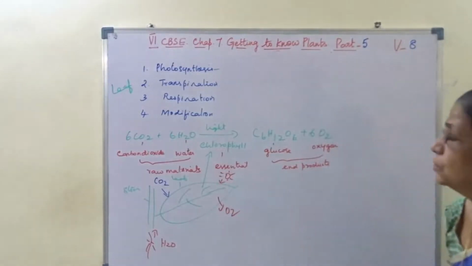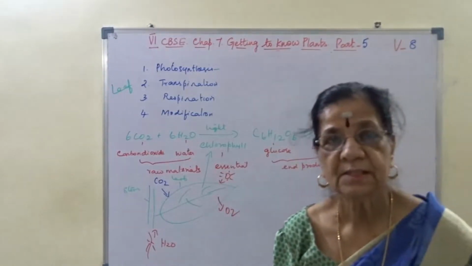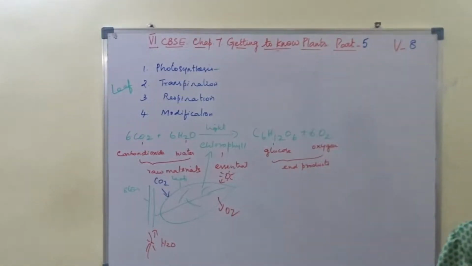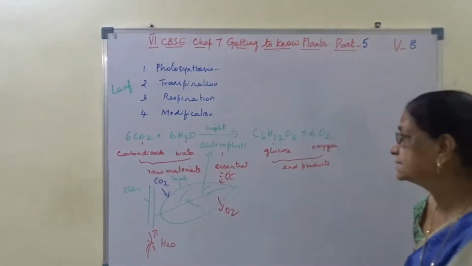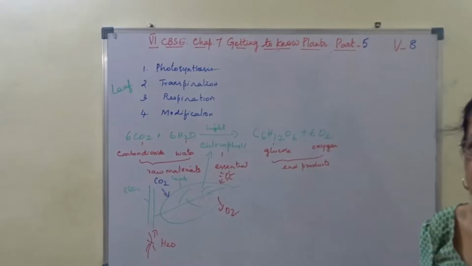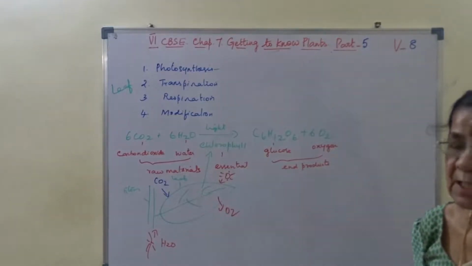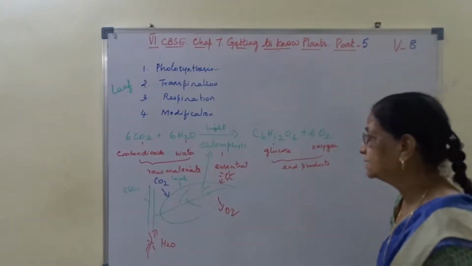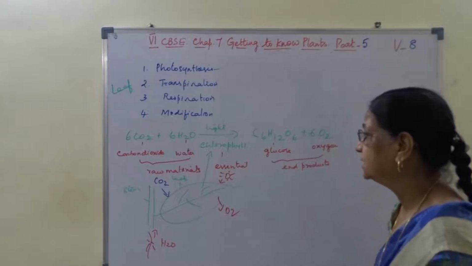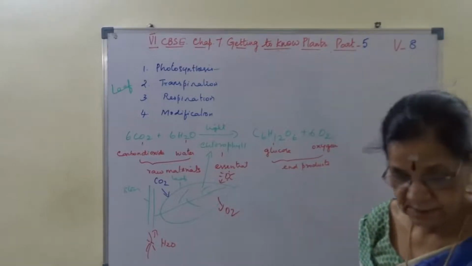We are talking about photosynthesis. What do you understand? Photosynthesis is the preparation of food with the help of sunlight and chlorophyll, carbon dioxide and water. That we have learned, is it not?